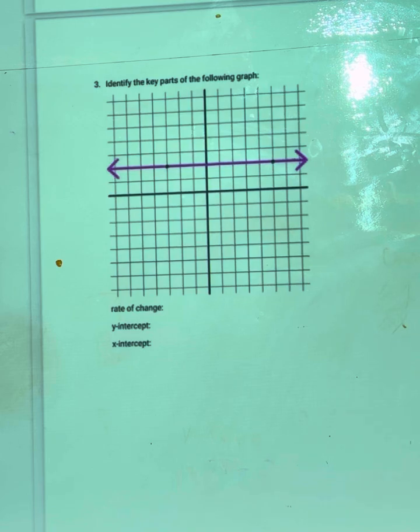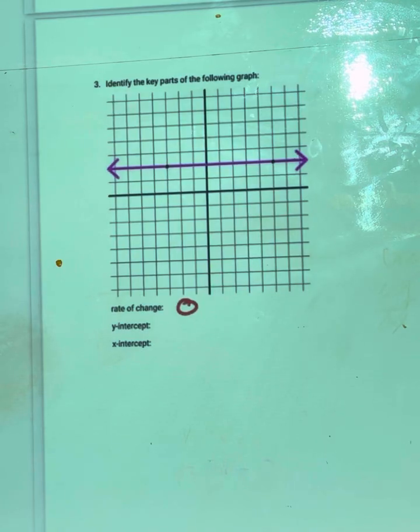So next one, we just talked about it. What is our slope? Hopefully you just said it. 0. So rate of change is 0. When you are walking on a flat surface, it should not have a slope.